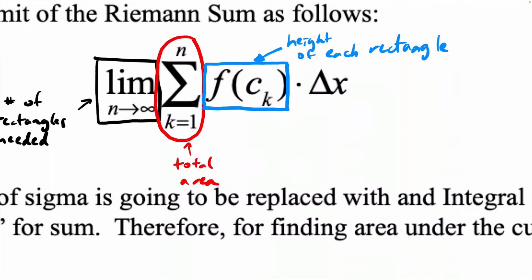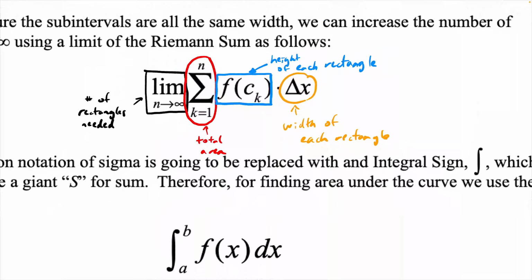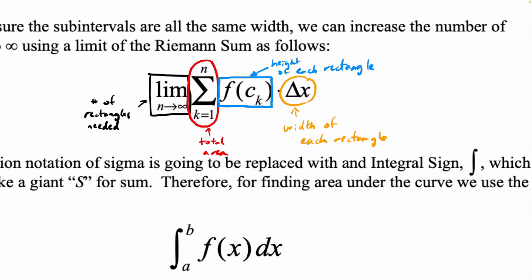That's what delta X refers to. The change in X. Change in X refers to the width of each rectangle. Okay. We don't write it like that. You're not going to see it like that very often, except in a textbook. We write it like this.